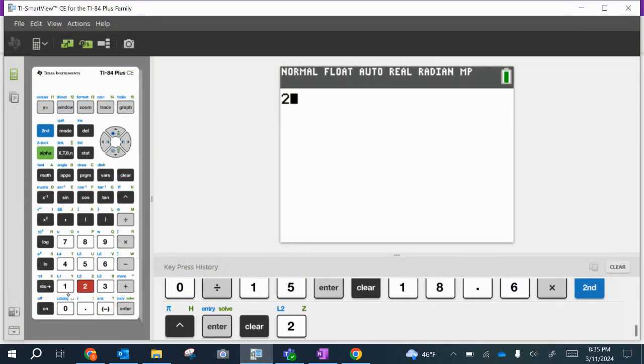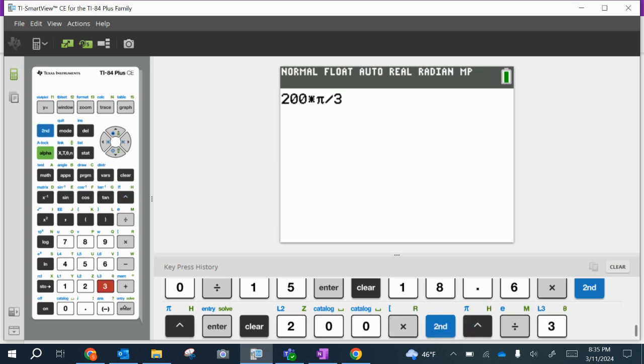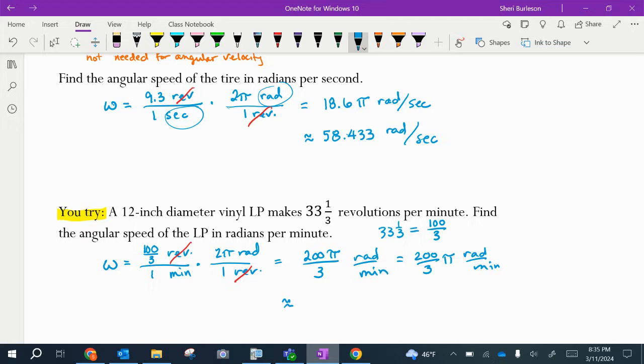So if I take 200 times pi and divide by 3, I get approximately 209.4395. The last one I truncated, this one I'm going to round. So that is approximately 209.440.